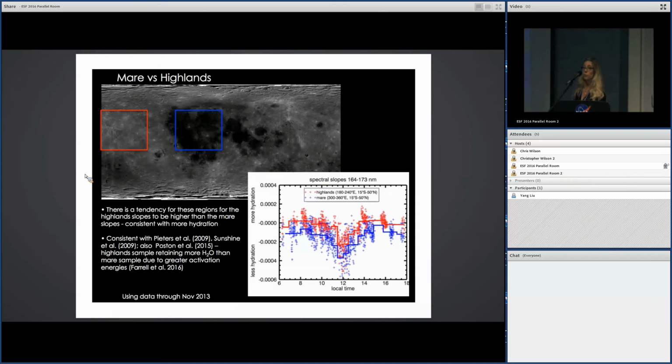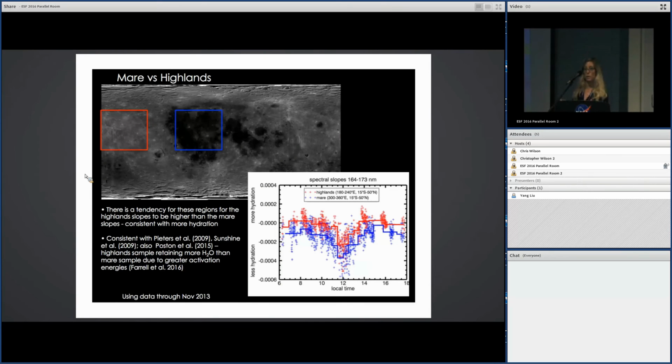We see that same trend in both regions, but we see overall higher slopes in the highlands than in the mare region.